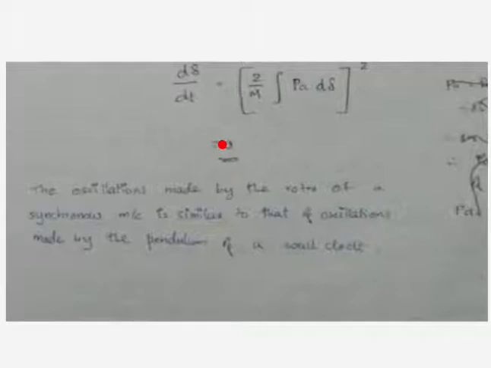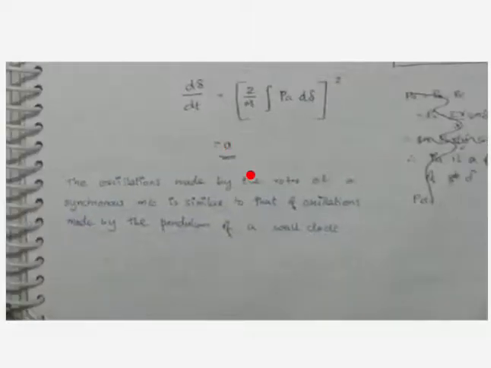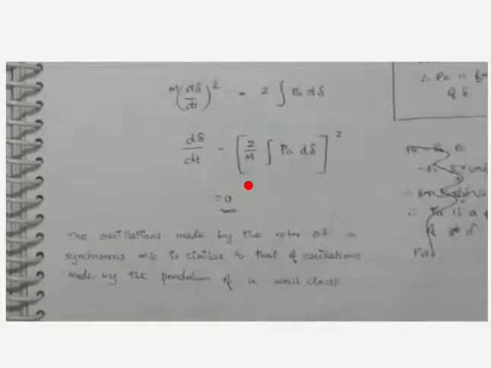So basically, this is the swing equation, right? What we're saying here is that when a disturbance happens, the rotor rotates in a very similar pattern to that of the pendulum, right?